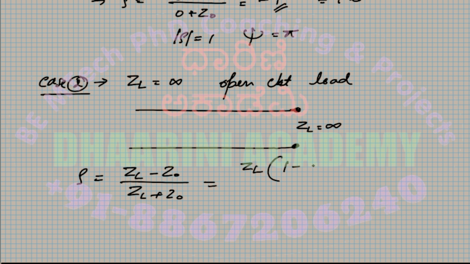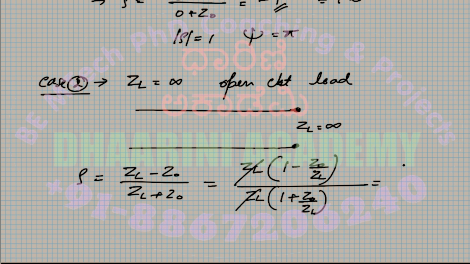So this is 1 minus Z0 by ZL, divided by 1 plus Z0 by ZL. So ZL cancels. Now you substitute ZL equal to infinity. This is 1 minus Z0 by infinity, which is 0, divided by 1 plus Z0 by infinity, which is 0. So your answer becomes equal to 1.